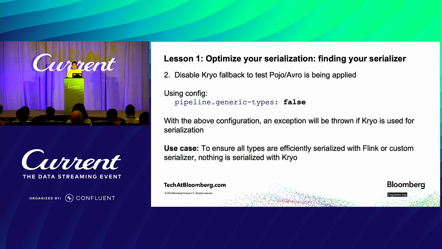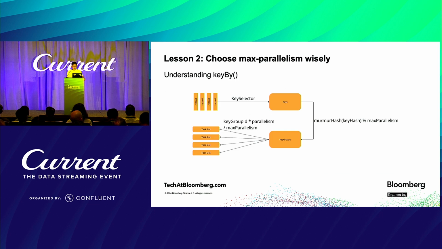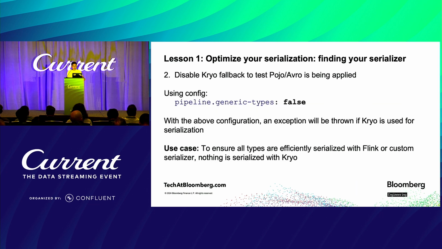The other way to ensure you're using one of the efficient serializers is to disable the Kryo fallback. You can do so by using this configuration here. It's called pipeline.generic-types. You can set it to false to disable the Kryo fallback.